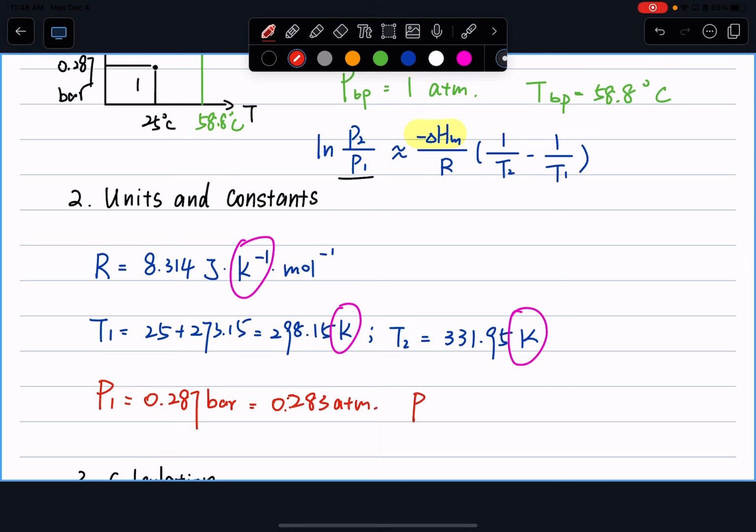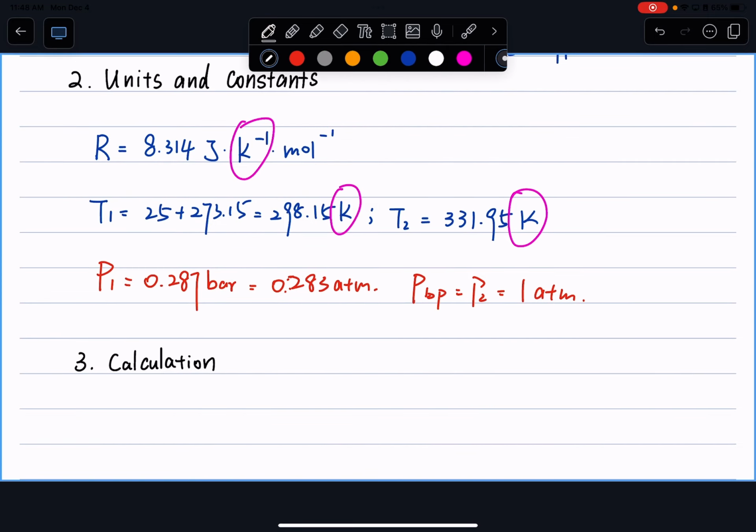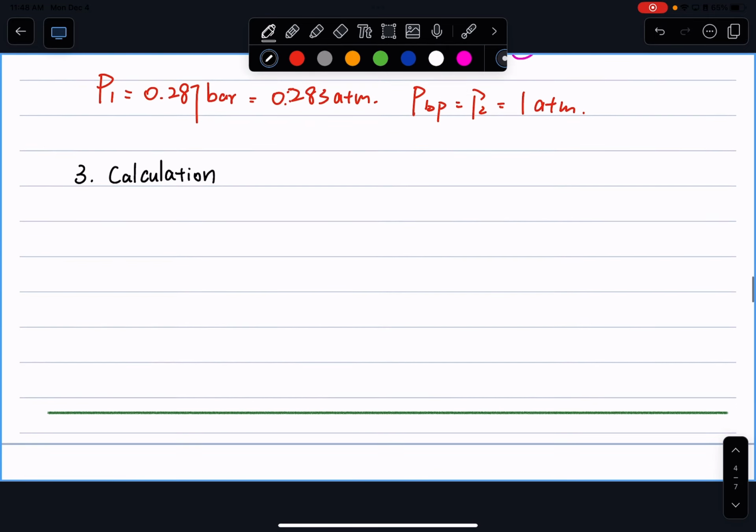So my P2, or P boiling point, can stay as 1 atm. And then we're ready to plug in the numbers. The whole point here is for you to not lose points unnecessarily in setting up your calculation, because you need to keep in mind whenever you divide two things, they must have the same unit. And then the calculation part should be quite straightforward.